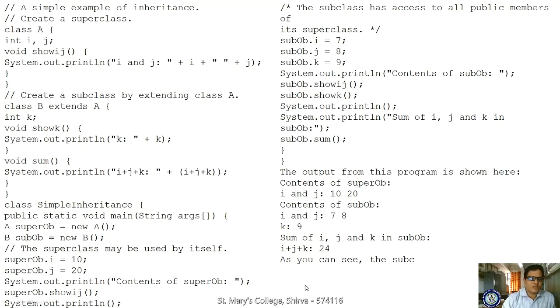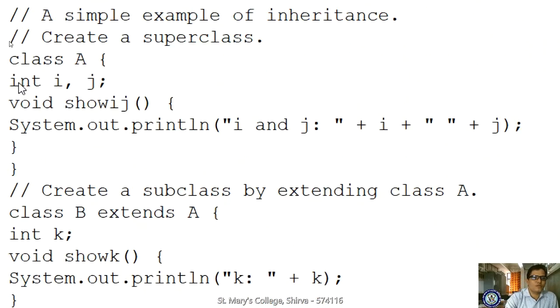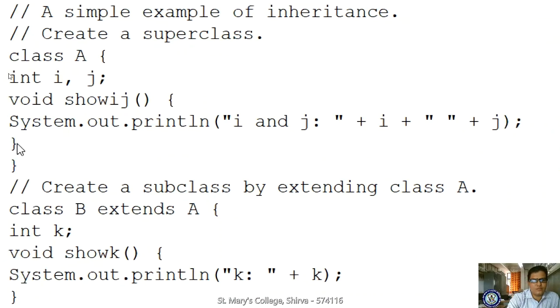Now let us see a sample program. Please observe class A. In this class A, I have declared two variables, int i, j, and void showij, where I am displaying the values of i and j. Here the method showij ends, and here class A ends.